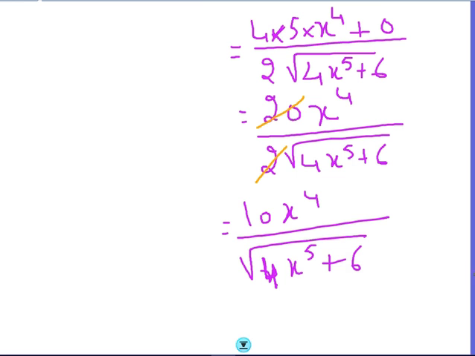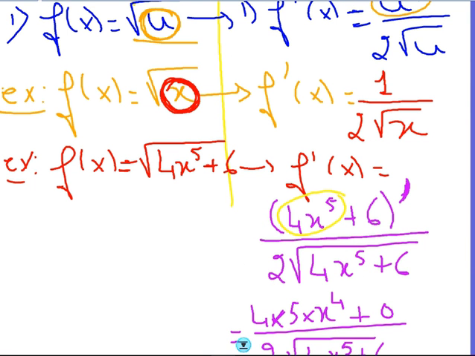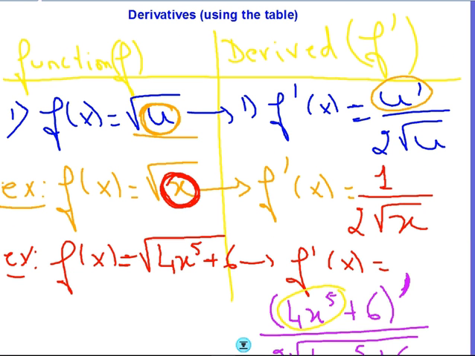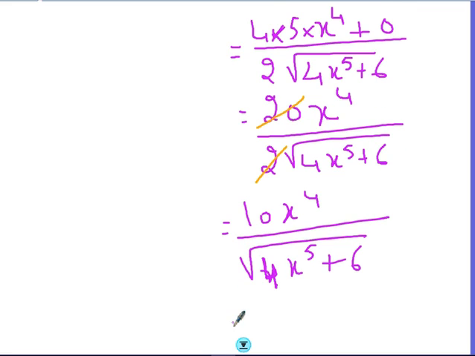So this is the formula for finding the derivative of radical u. It is always equal to u prime over 2 radical u. Okay, let's take one more example.